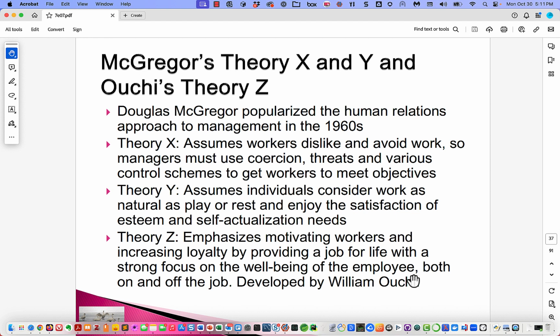So, in my experience, certain workers do better with the theory X approach, and certain workers do better with the theory Y approach, having to do with the way they feel about work.